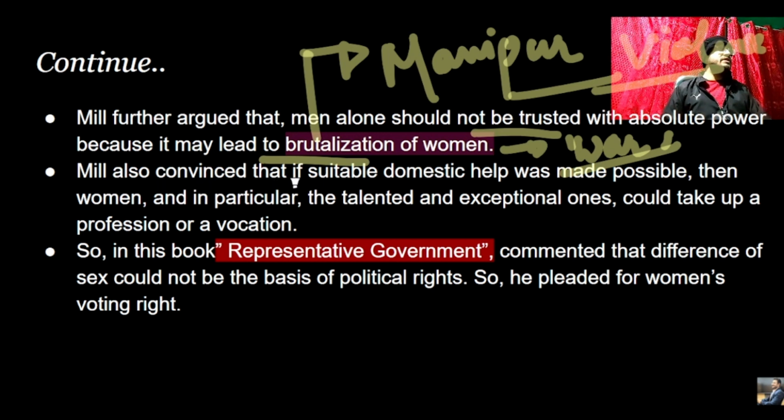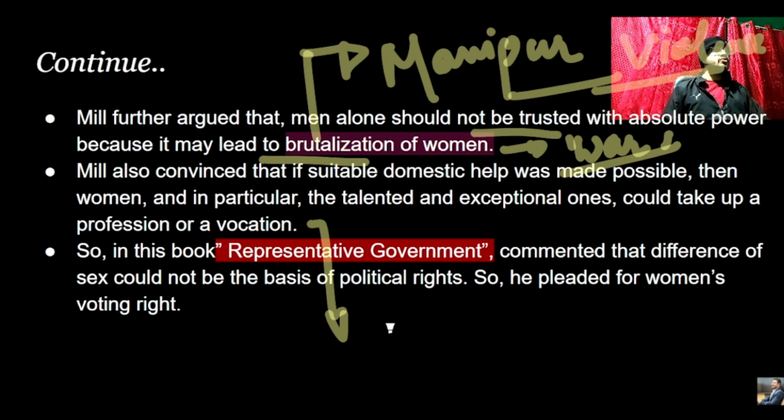Mill was also convinced that if suitable domestic help was made possible, then women, in particular the talented and exceptional ones, could take up a profession or a vocation. He wants to say that if suitable domestic help is made available, even women can take up some very important professions and vocations. In today's time, why can women not take them up? Because most of the time they are engaged in household chores and household management.